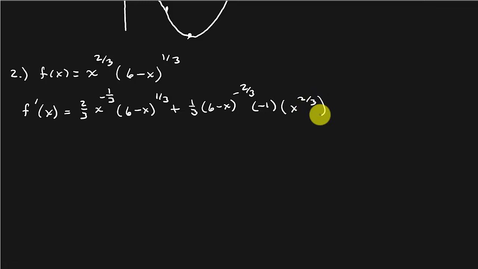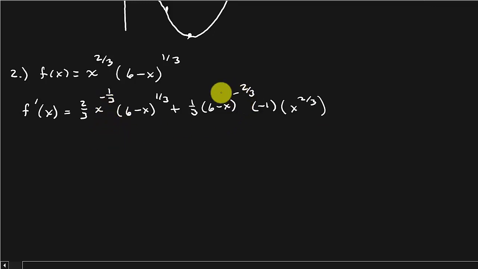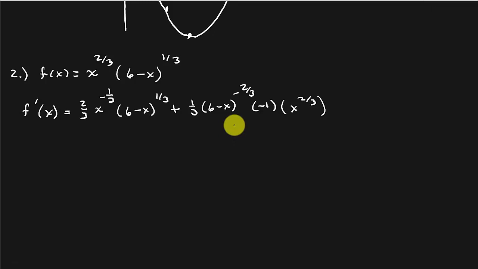And when all said and done, what you'll do is you'll put this x to the negative 1/3 in the denominator, and this 6 minus x to the negative 2/3 in the denominator, get a common denominator and combine them. Your common denominator would be x to the 1/3 times 6 minus x to the 2/3.